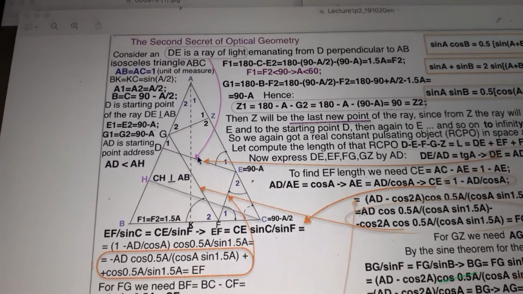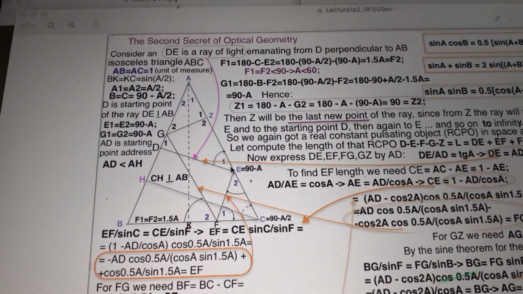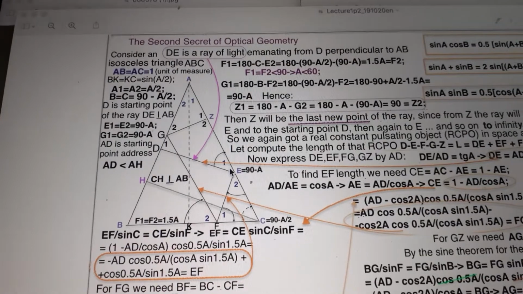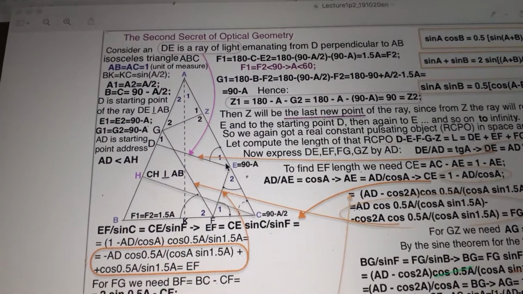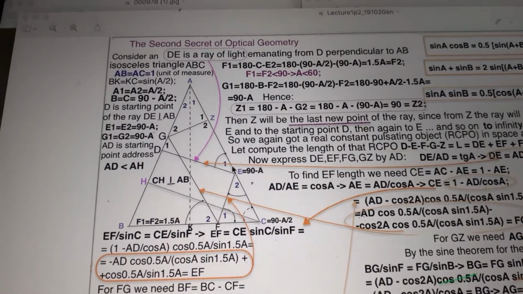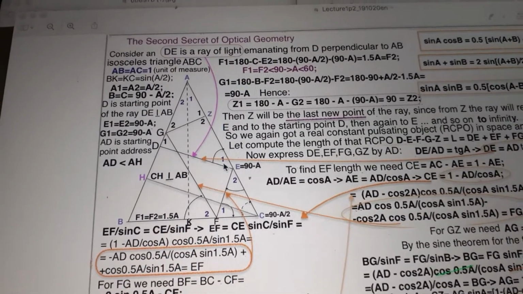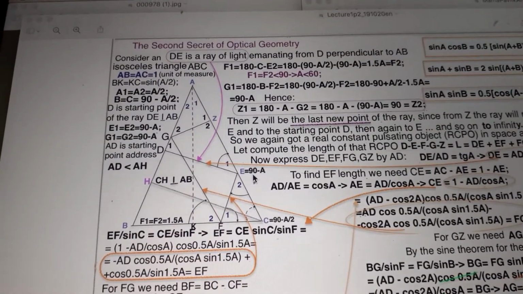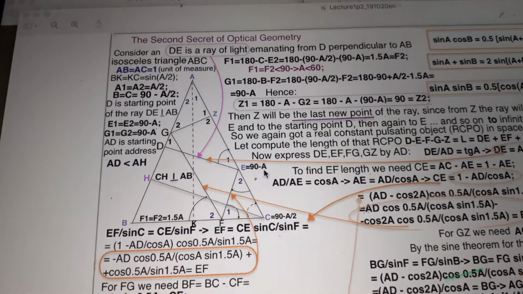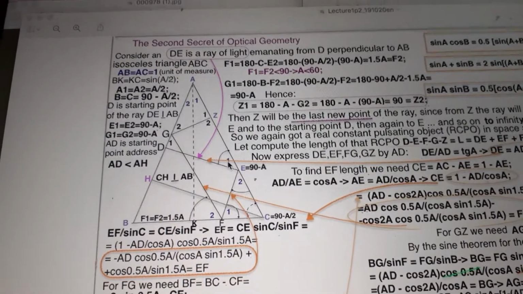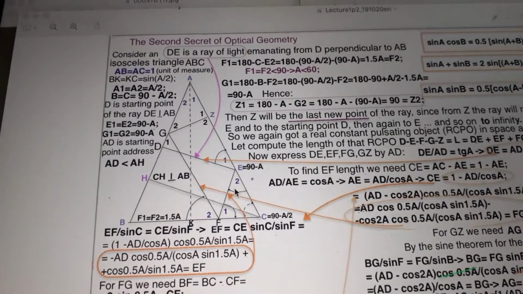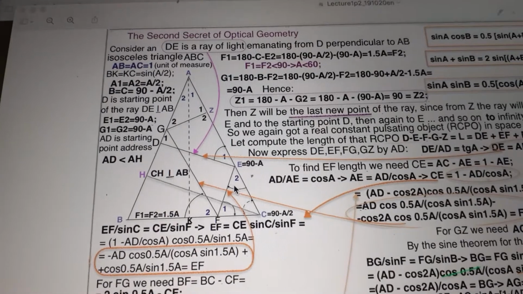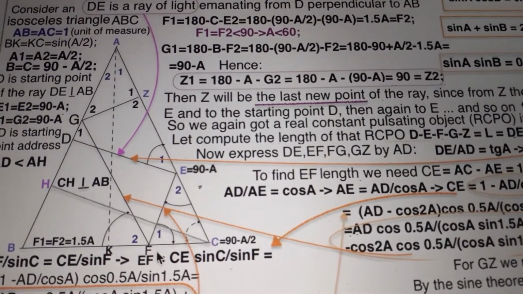DE is a ray of light emanating from D perpendicular to AB. And angle E is equal to 90 degrees minus angle A. And so angle E1 is equal to E2. And now we can calculate angle F.